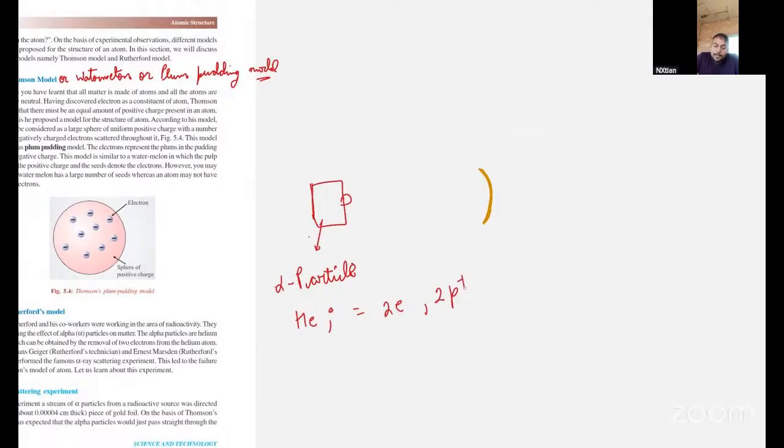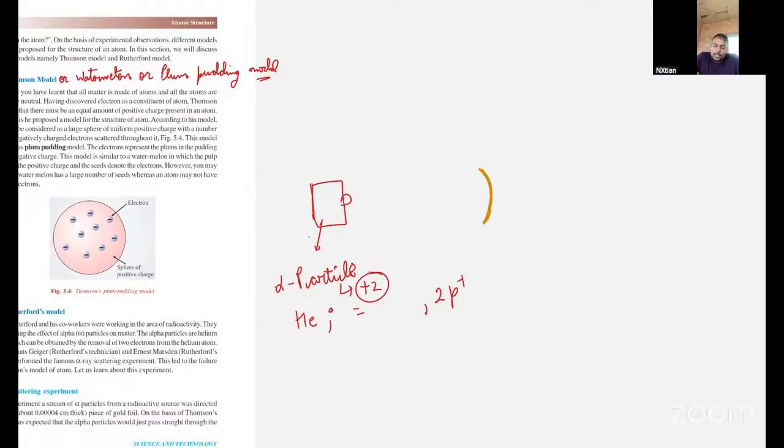The 2 electrons are not there, and that makes the alpha particle. So the alpha particle charge will be plus 2 because only positive charge is left. Are you getting this? Yes or no?